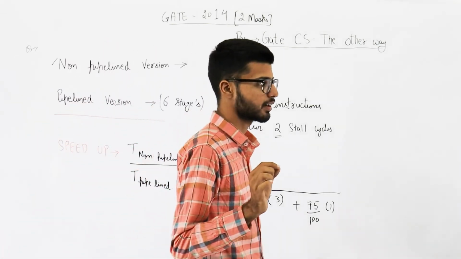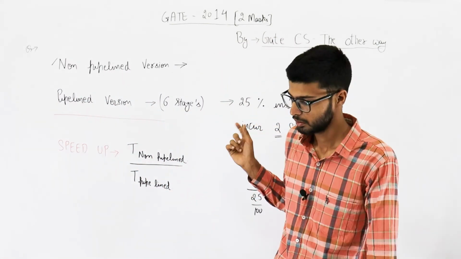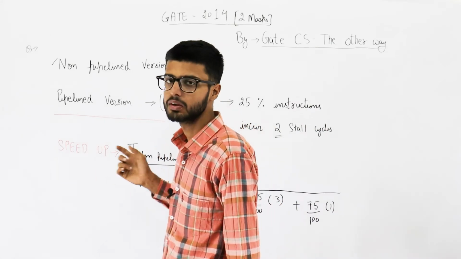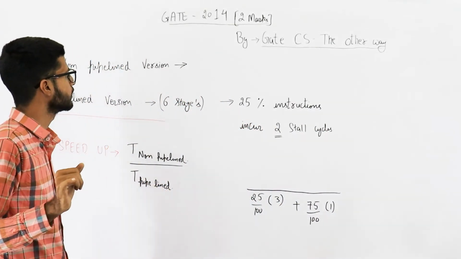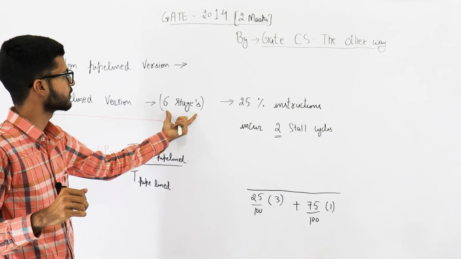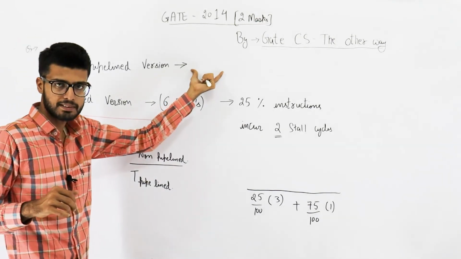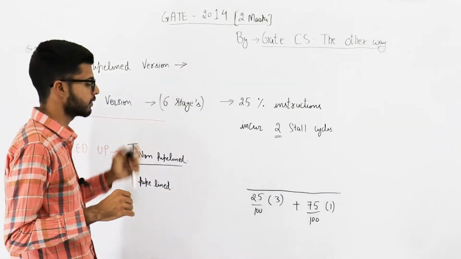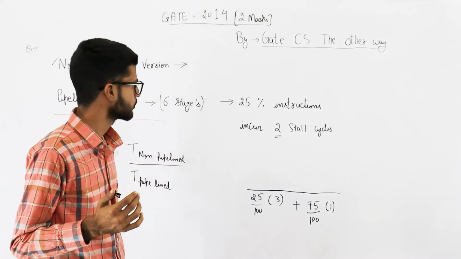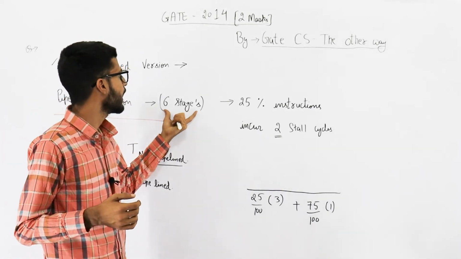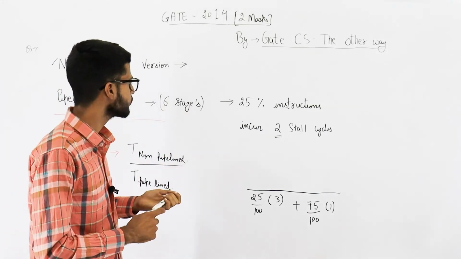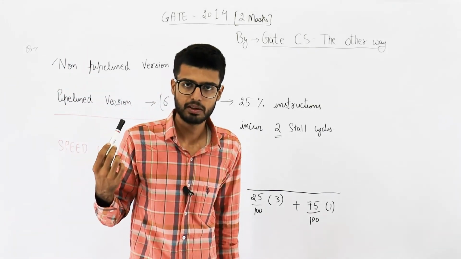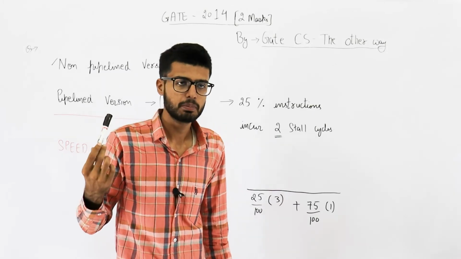Because in the question they are saying you can assume the buffer delays to be 0 and you can assume ideal conditions. So simply these 6 stages will also be present in the non-pipelined version. But the thing is, each and every instruction will take 6 clock cycles. Okay, because in the non-pipelined version we will not have any parallelism.